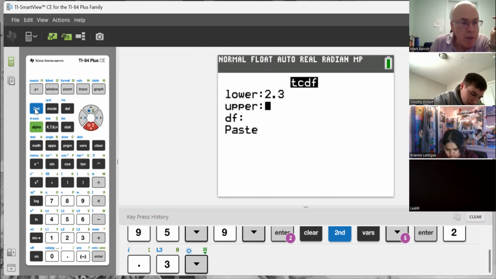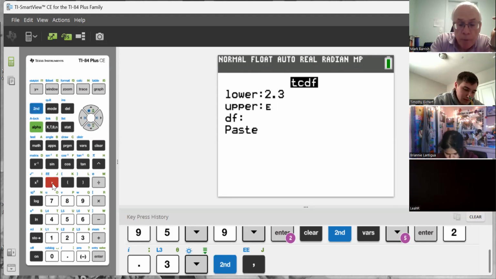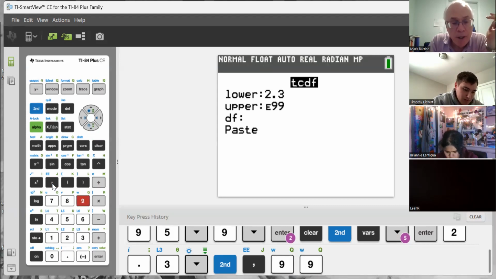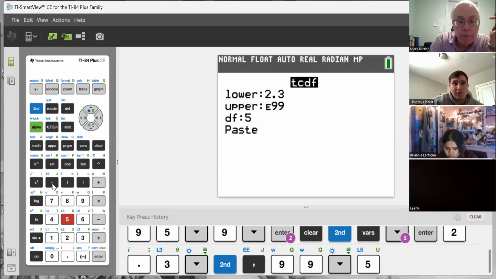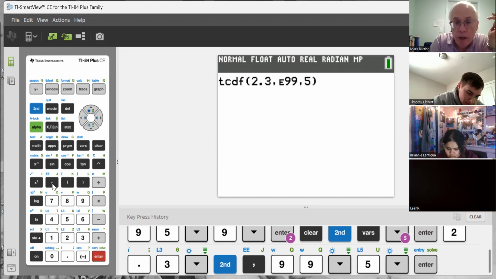It's recommended to use the second and use EE, which is above the comma here. And you put 99 there, that's 10 to the 99th power, which is not much bigger than that. Degrees of freedom, let's say n is 6, we're going to use 5. And hit enter. Hit enter again.